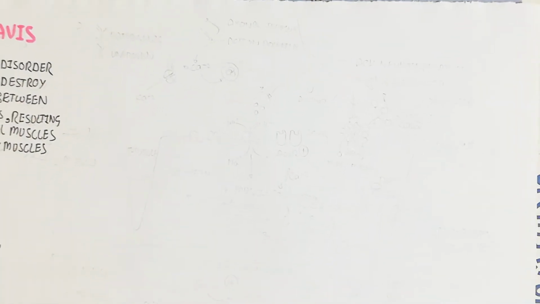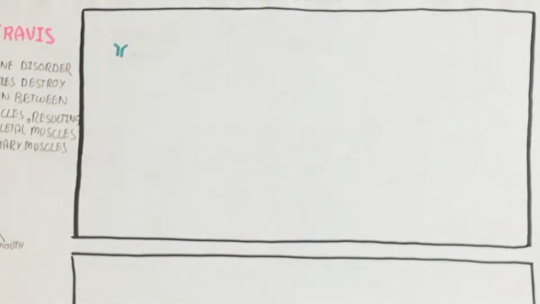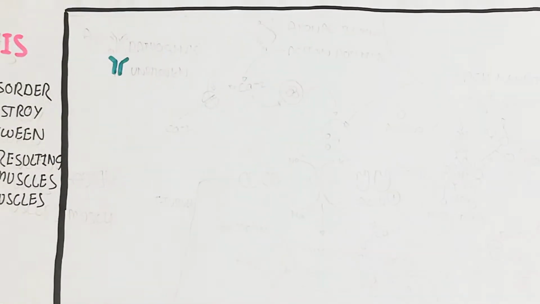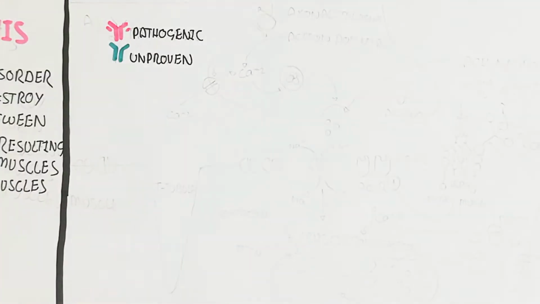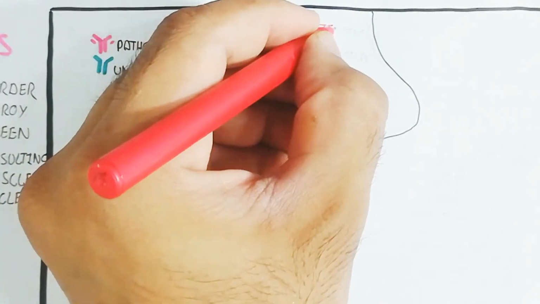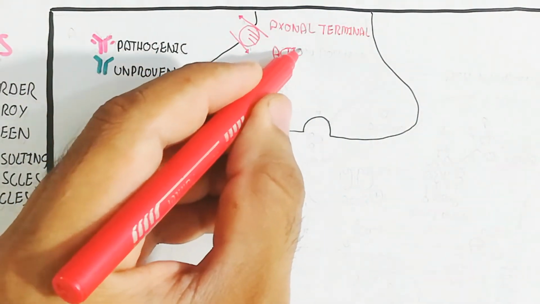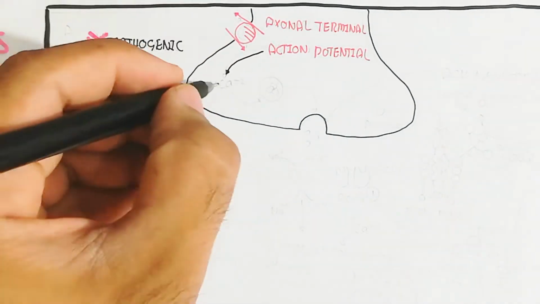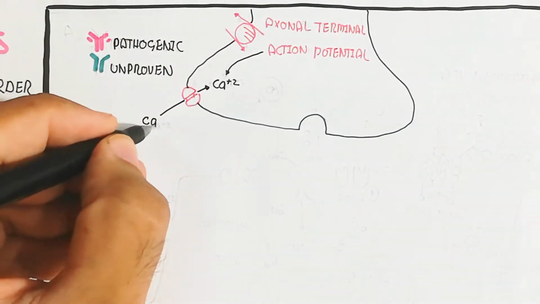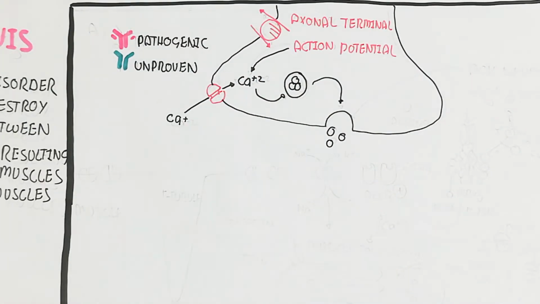Anyhow, let's understand the major mechanism of Myasthenia gravis through the neuromuscular junction. The green antibody shows the unproven antibody, which may also have an effect but the research is ongoing, and the pathogenic antibody is the red color. At the axonal terminal, the action potential leads to calcium influx, which leads to exocytosis of the neurotransmitter vesicle.